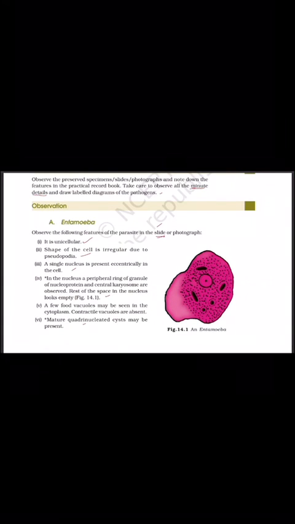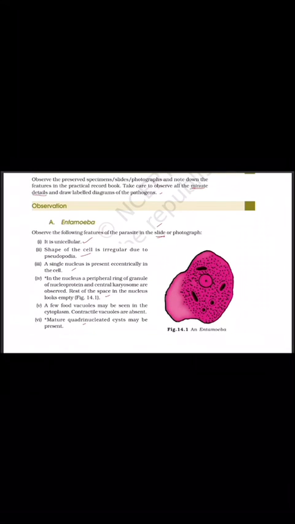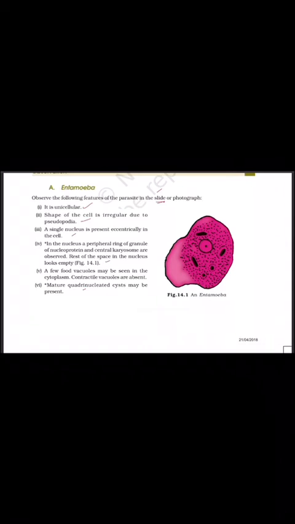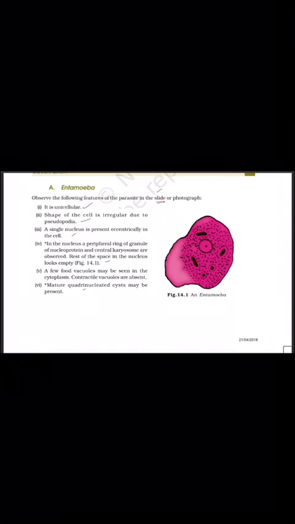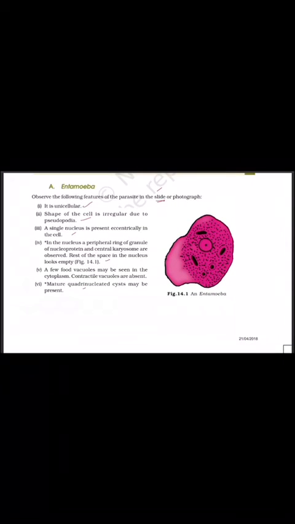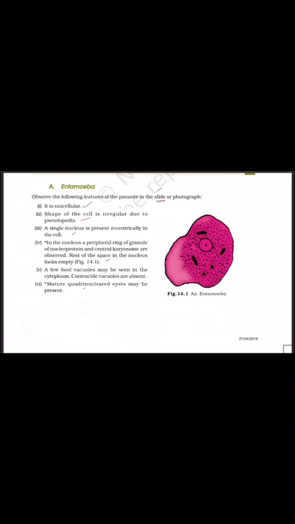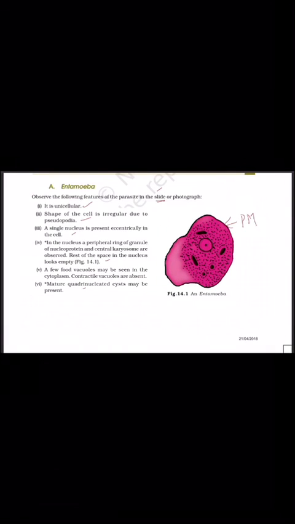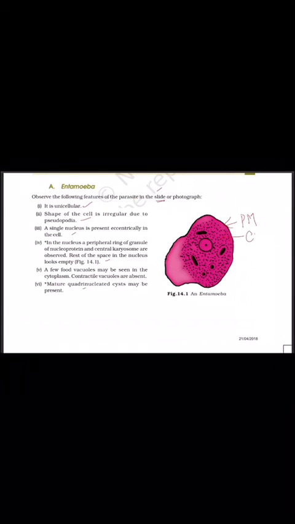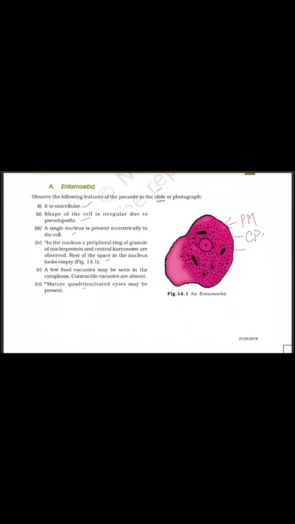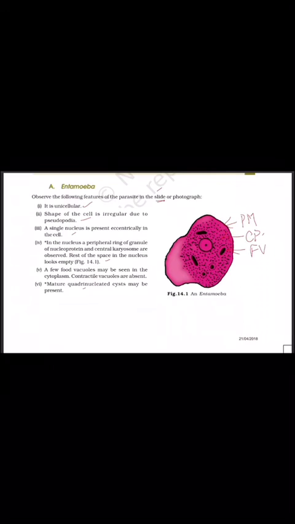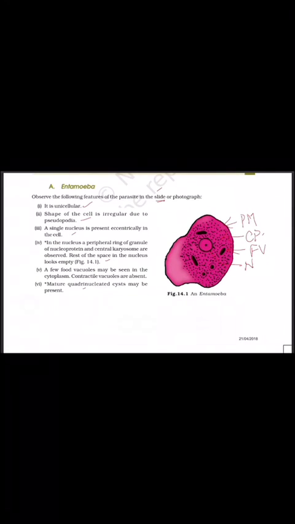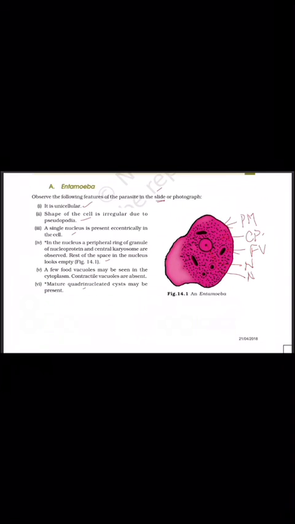Now, when you observe, it may not be all these 6 points listed here. Whatever you observe, that you must write, and you must write in the past tense. Draw the diagram and label it. Label this as plasma membrane or cell membrane. You can label this as cytoplasm, this as food vacuole or vacuoles, this as nucleus, and this as nuclear material.